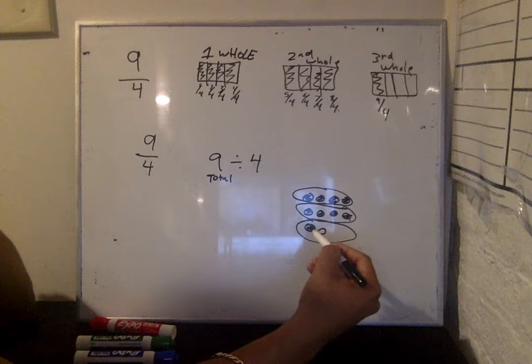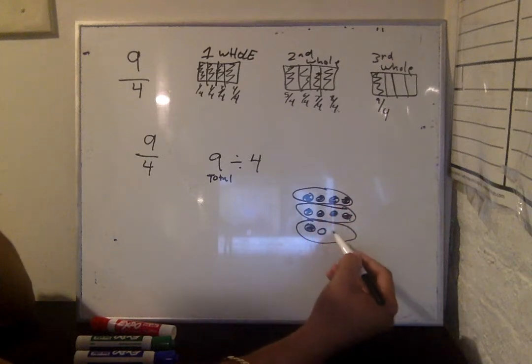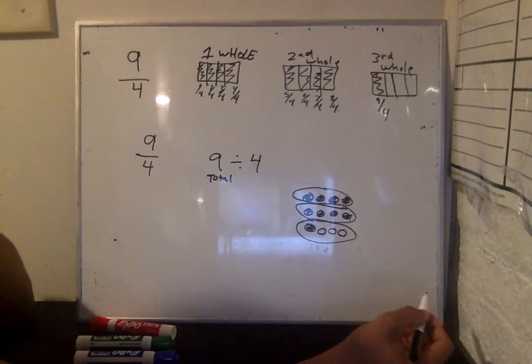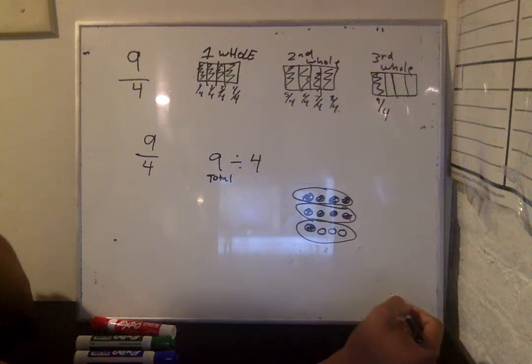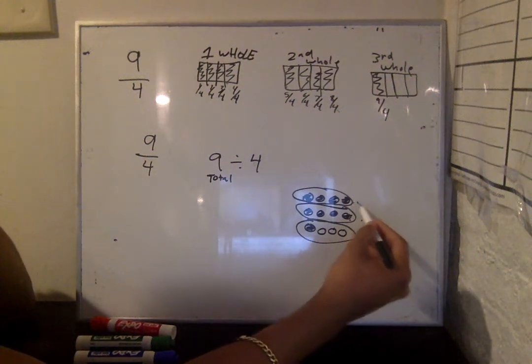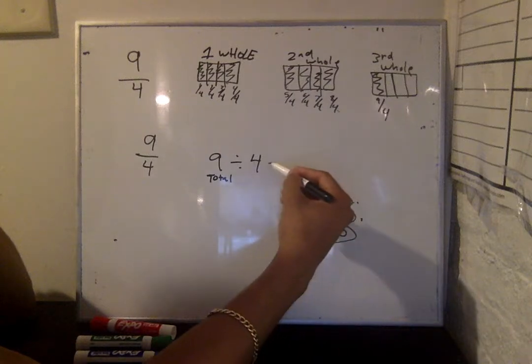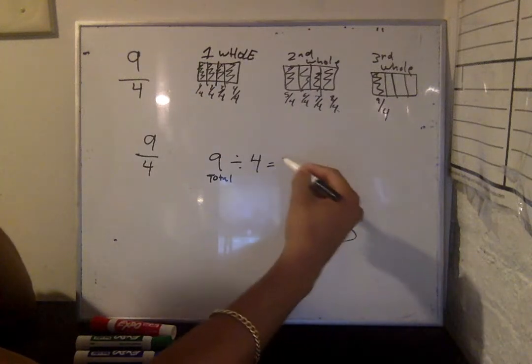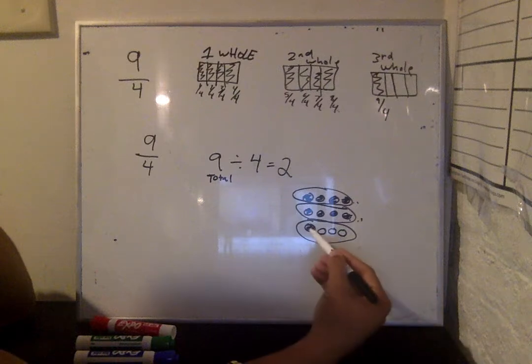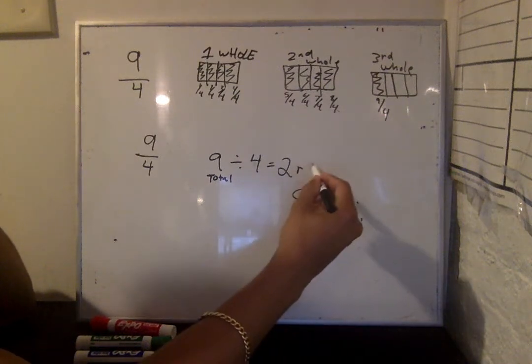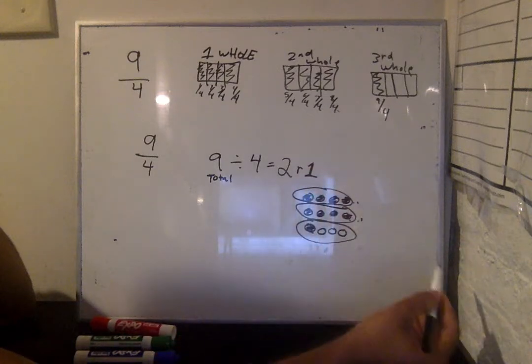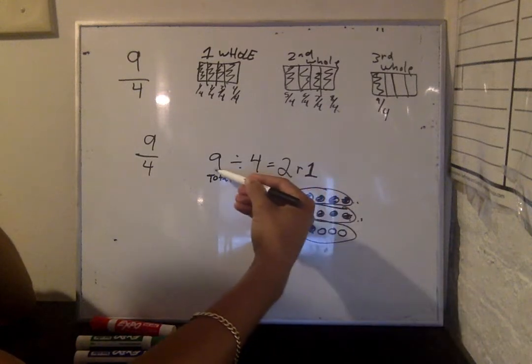I shaded in the 9 total, but I still want to make a complete group of 4. All right. What I see is I have 2 full groups. So it's 2. And what's remaining is 1. Perfect. 2 remainder 1 is what I would get if I did 9 divided by 4.